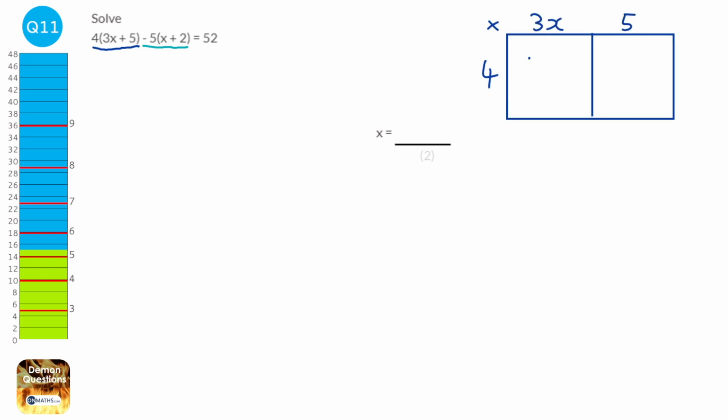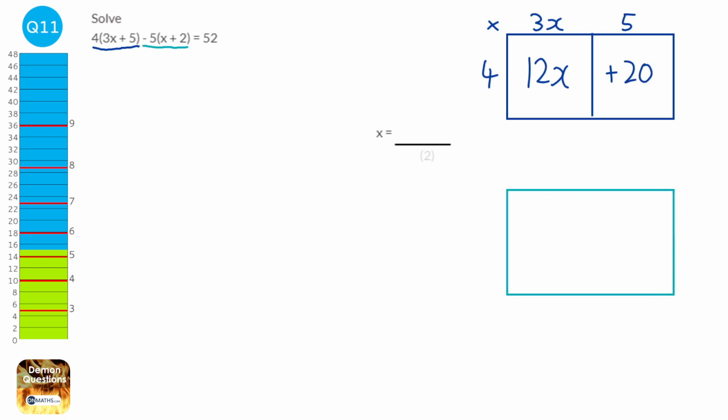4 times 3 is 12, so that'll be 12x. 4 times 5 is 20, so that's going to be positive 20. And I'm going to do the same for the other set of brackets. Now on the outside of the brackets we've got to be careful here. It's not a 5, it's a minus 5. And inside the brackets is an x and a 2.